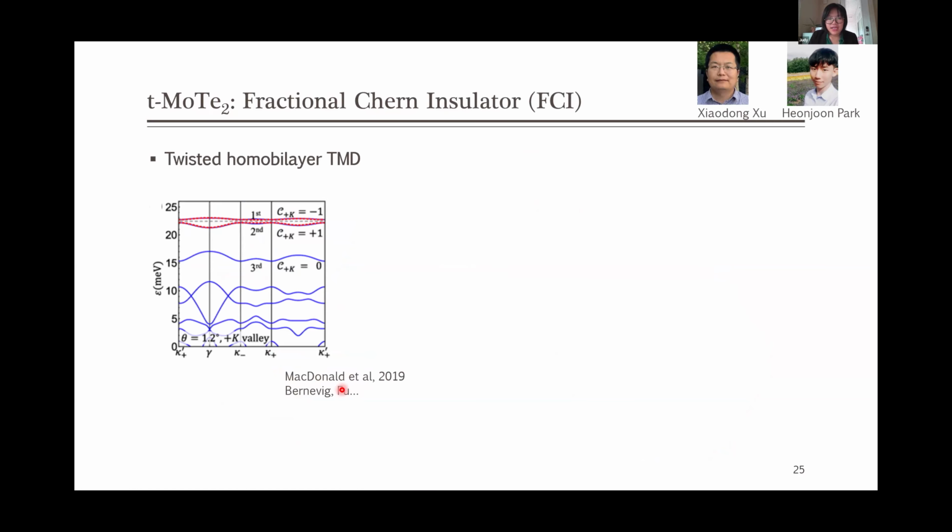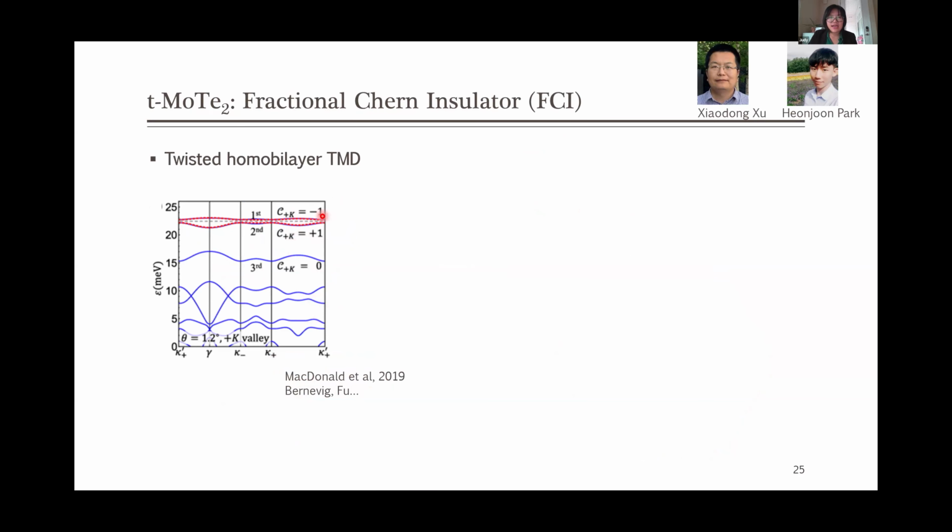First, in theory, Allan MacDonald's group saw that in the valence bands of this moiré twisted homobilayer transition metal dichalcogenide, you have this type of band structure in the moiré unit cell.